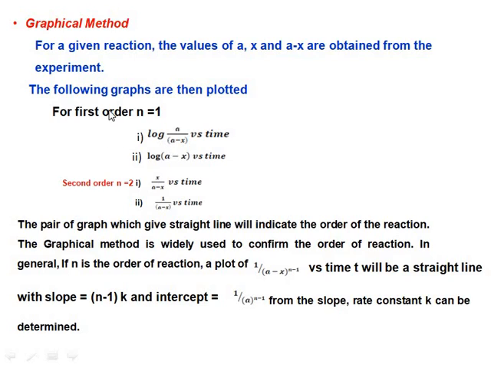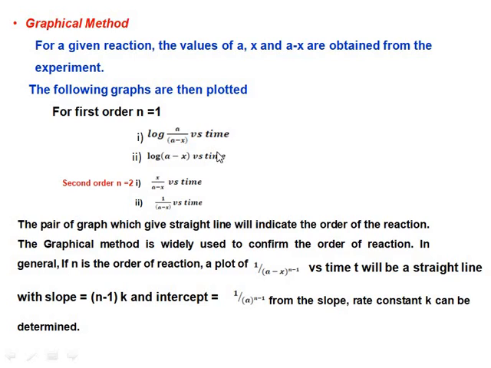For a first order reaction, n is equal to 1, we obtain the graph of log of a upon a minus x versus time, and the second graph of log of a minus x versus time.